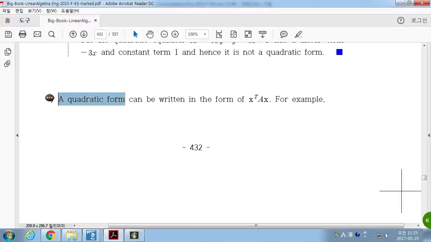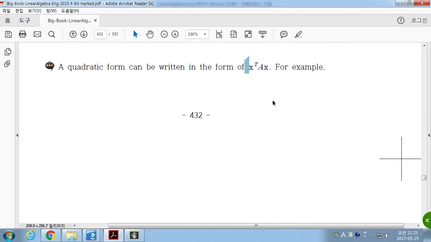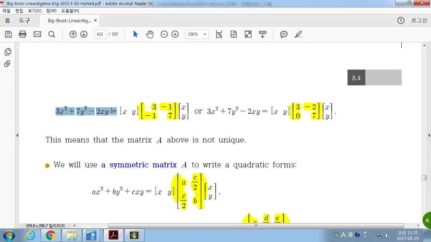So this quadratic form can be written as x transpose AX. For example, this can be written as this, or this. So the matrix in the quadratic form may not be unique. The same quadratic equation can be written in these two different ways.